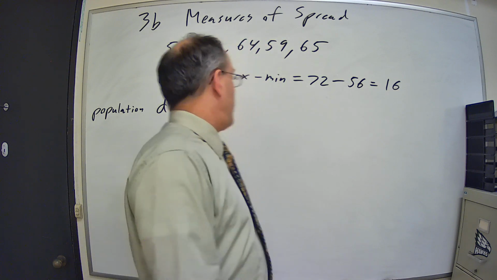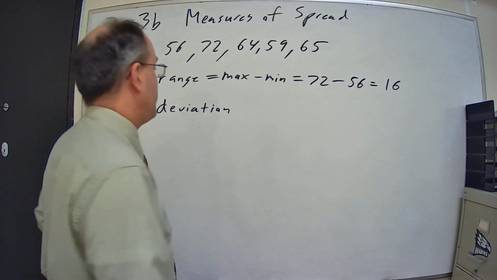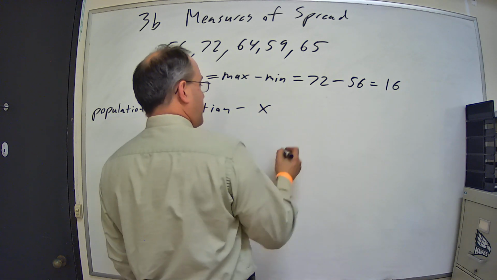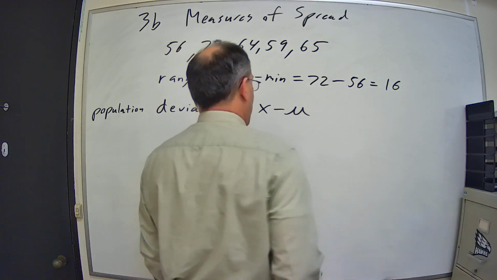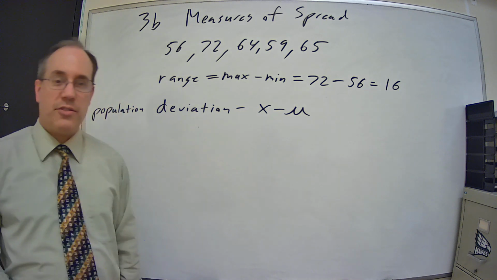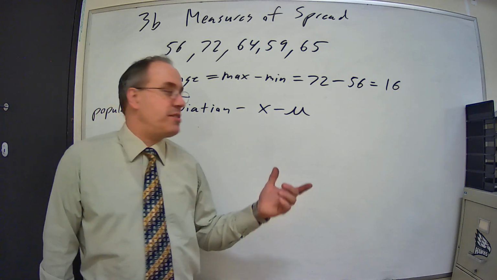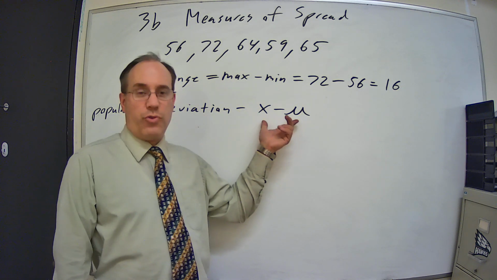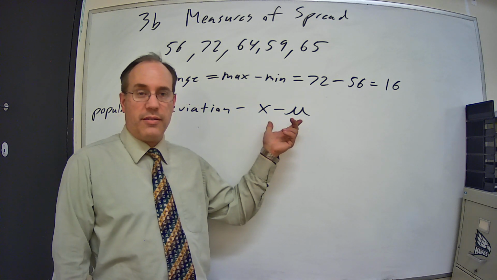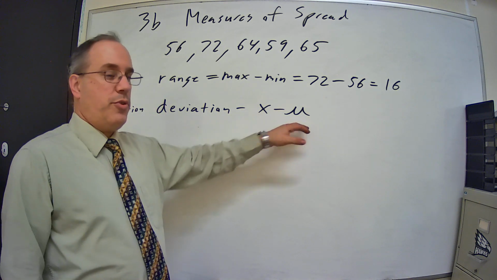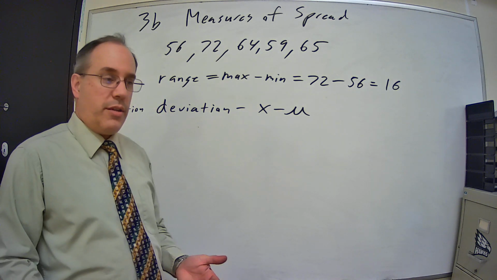Okay? So population deviation is found by taking the data value x and subtracting the mean. So that will give us our deviation. Notice that this is for an individual point. So x minus mu for an individual point.